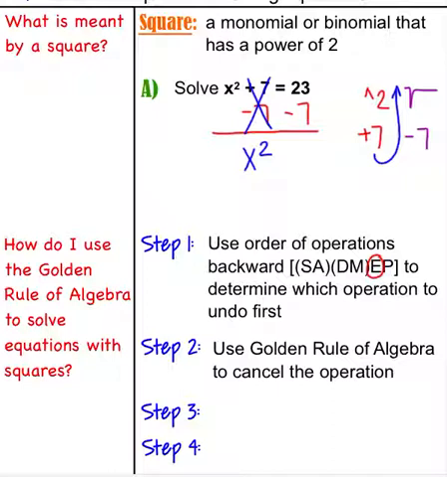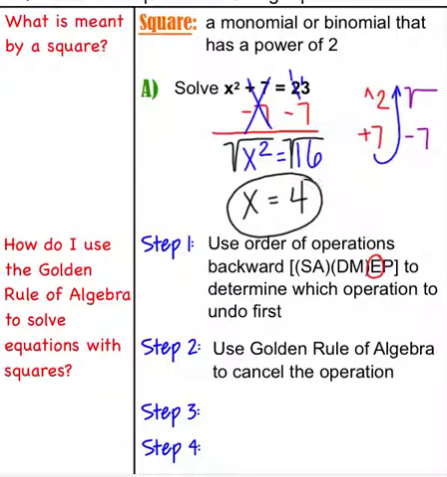I can't take 3 minus 7, so I'm going to borrow from the 2, make it a 1. 3 becomes 13. 13 minus 7 is 6, and then I bring down my 1 to get x squared equal to 16. So then my next step is going to be to do that square root. I need to make sure by the golden rule that I square root on both sides. Square root of x squared we learned last unit was x, and the square root of 16 is 4.